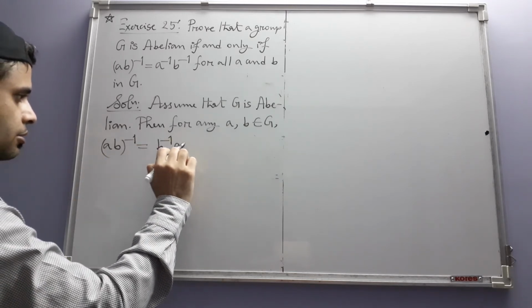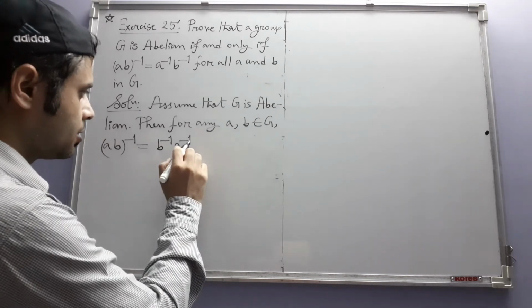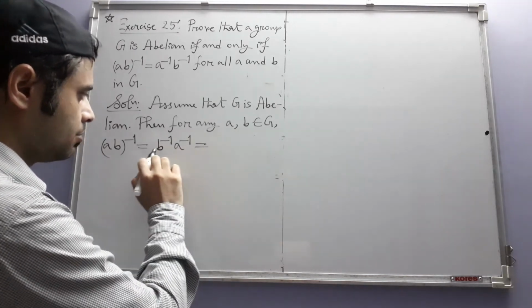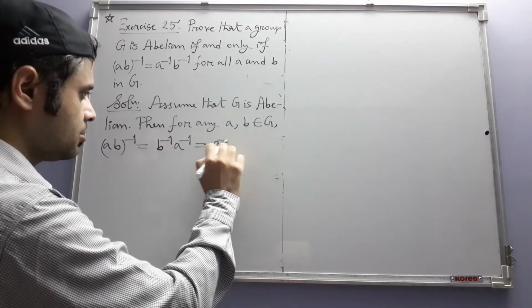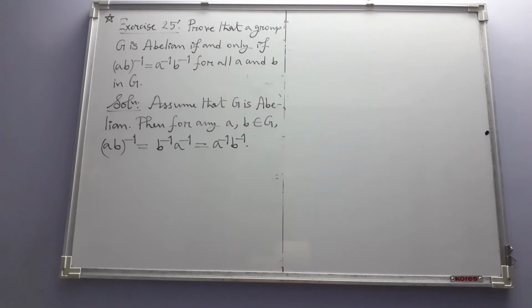This identity is true in any group, not just abelian groups. But now additionally, since G is abelian, this product can be written as A inverse B inverse. So one direction is almost trivial.